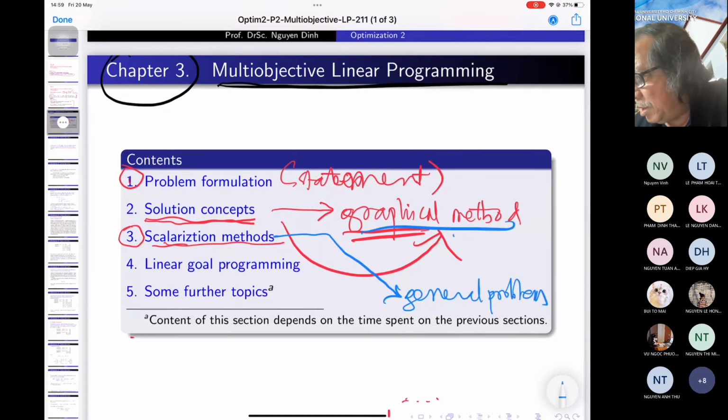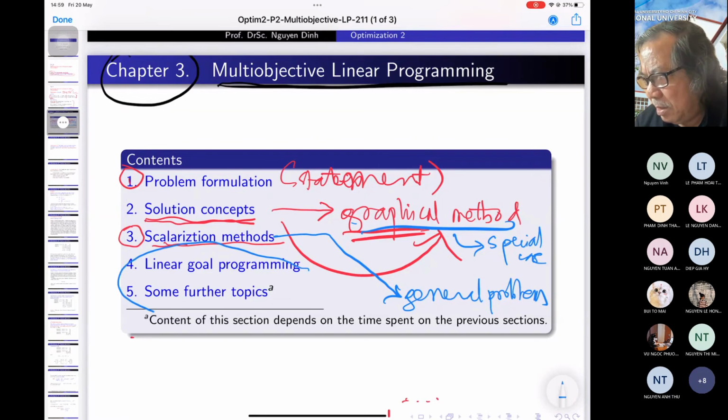This method is just for a special case. In one special case, we can solve it by this. And then linear programming and some further topics, something here. This is very long, and then maybe we change it to a seminar, something like this.